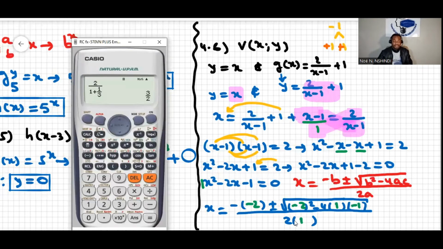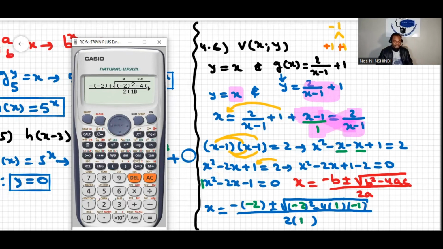Now I'll do that with the help of my calculator. We can just do minus negative 2, plus the square root of negative 2 squared, b squared, minus 4a, which is 1, and then c is negative 1, over 2a, which is 1.